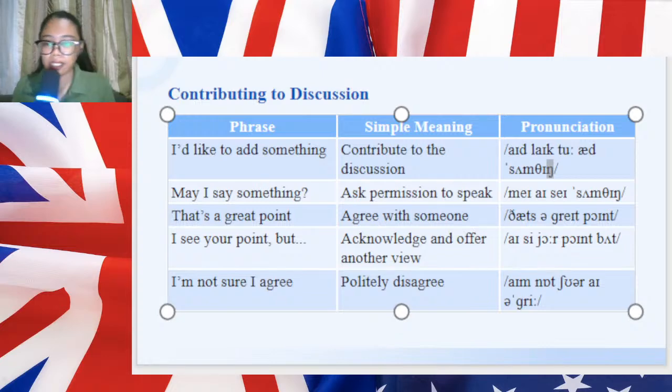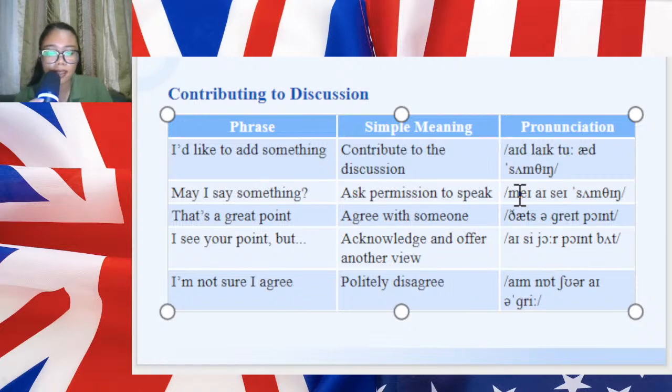Pronunciation wise, looking at the first word, "may", there's clearly a diphthong sound here, the A sound. And then followed by another diphthong for the second word, "I". And then there's another diphthong for the third word, "say", which is the same as the first word, beginning with the letter S sound.